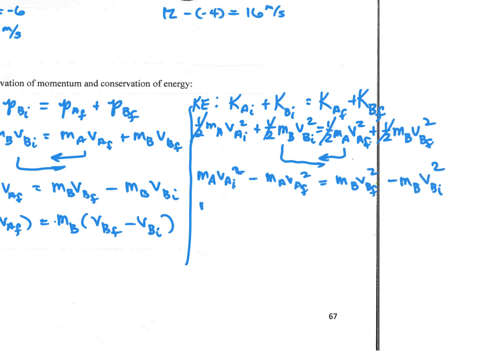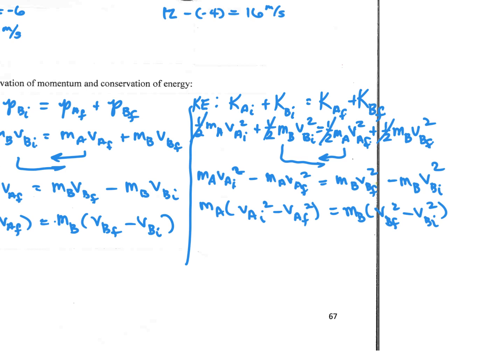Pull out our M sub A's again: V sub A initial squared minus V sub A final squared. M sub B here times V sub B final squared minus V sub B initial squared. I know, lots of math, isn't it?